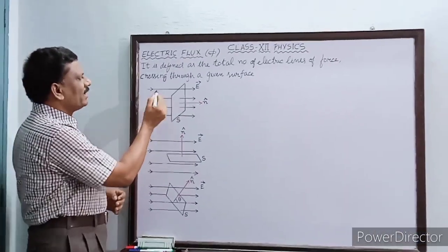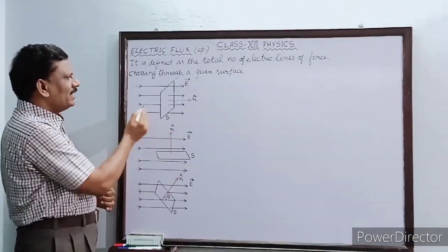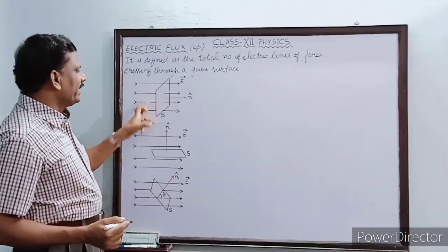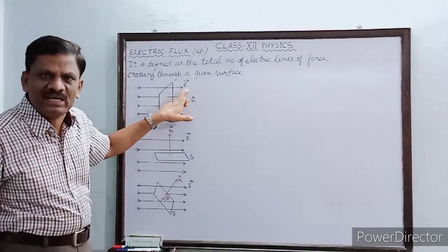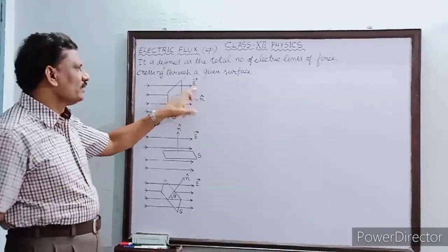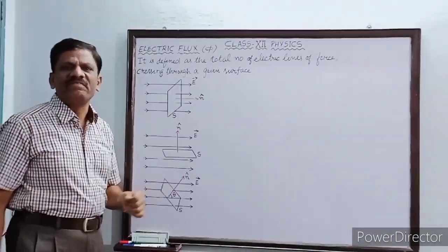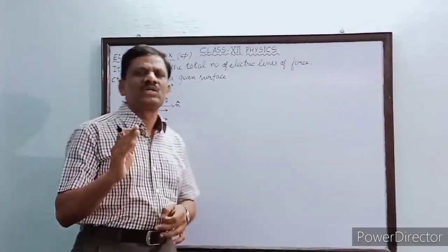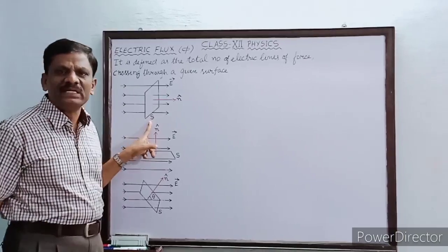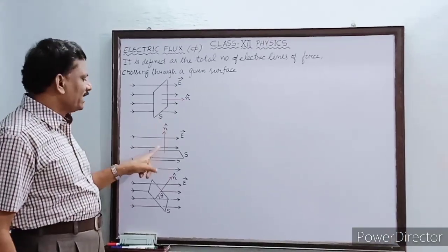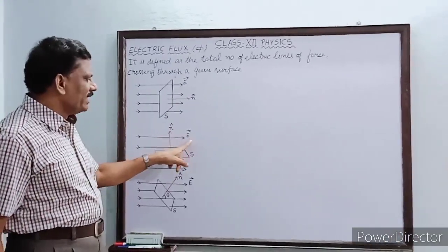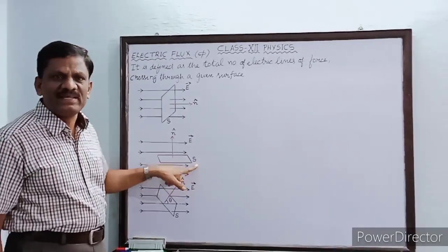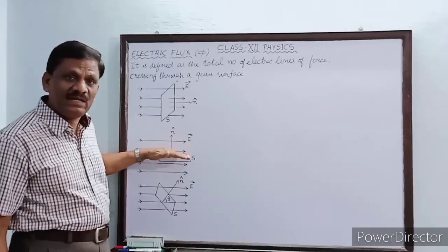You see that here these parallel lines are directed along the positive x-axis. So these lines represent a uniform electric field denoted by the symbol E. Inside this electric field, I have placed a rectangular sheet whose total surface area is denoted by S. In the second picture, inside the same uniform electric field, the surface area S is placed parallel to the field.